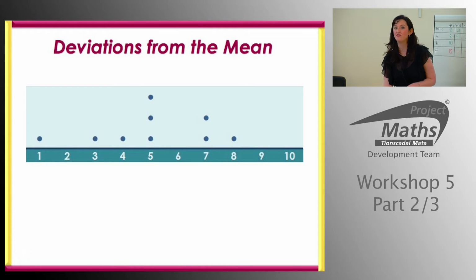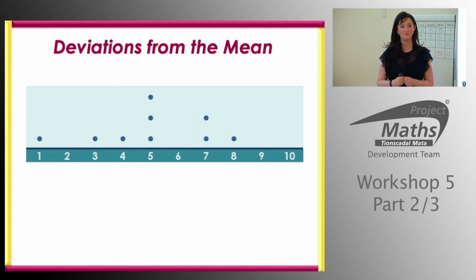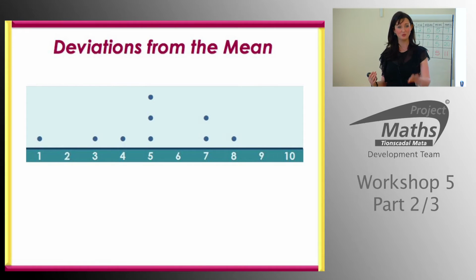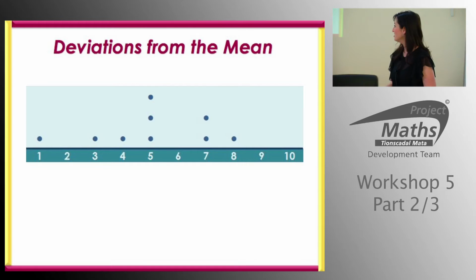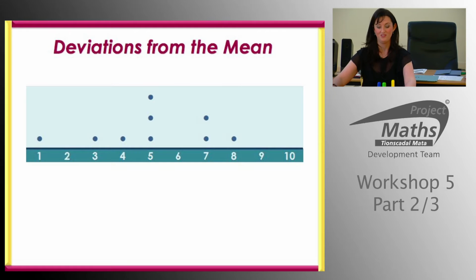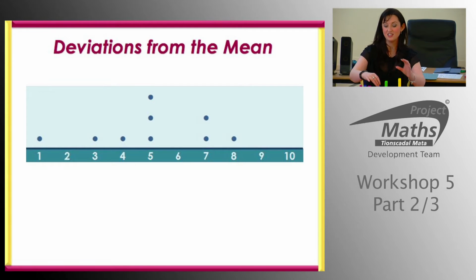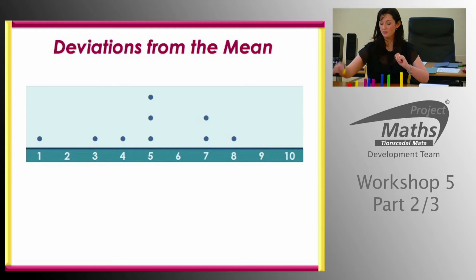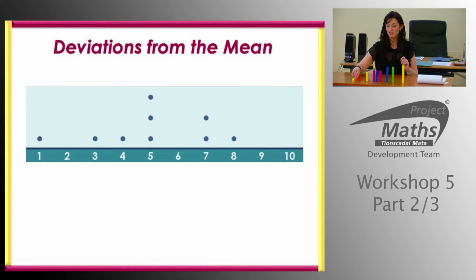So if I look at this, here I've got a dot plot of one of my distributions. It looks a little bit different to what you have in front of you. It's actually a dot plot of this distribution here. I can see 1 kid got 1, some kid got 3, some kid got 4, 3 kids got 5, 2 kids got 7, and 1 child got 8 sweets.